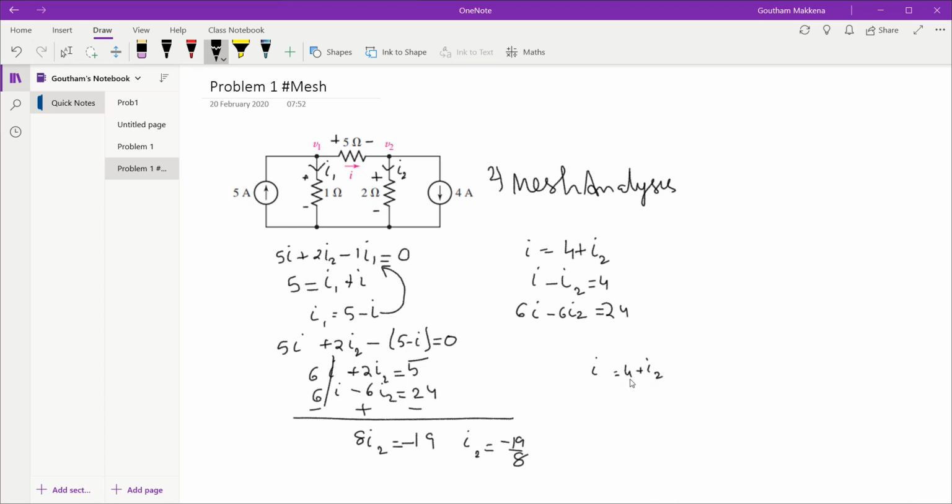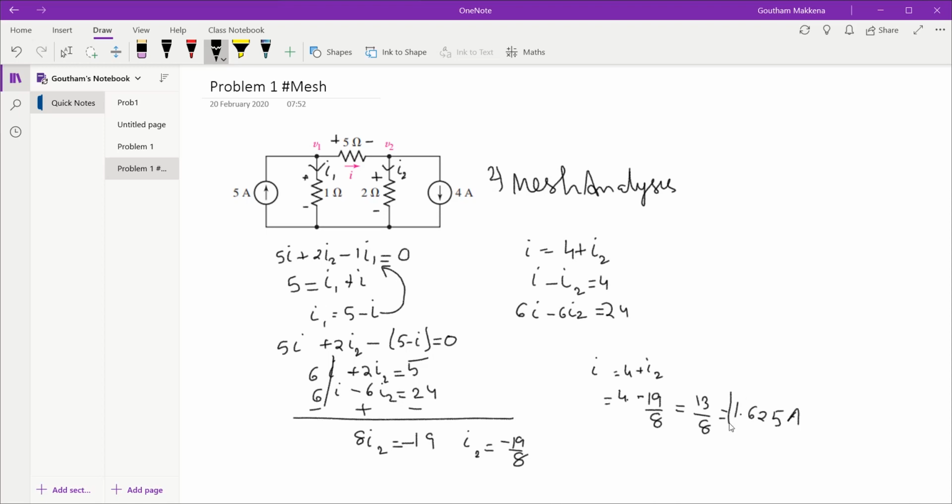Remember, the objective of this problem is to find out I. So this I is equal to 4 minus 19 by 8. That would give me 32 minus 19, which is 13, so 13 by 8, which happens to be 1.625 amps.